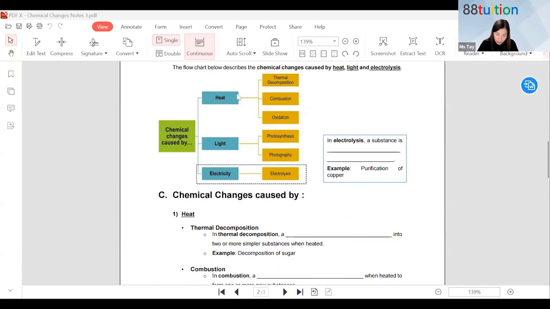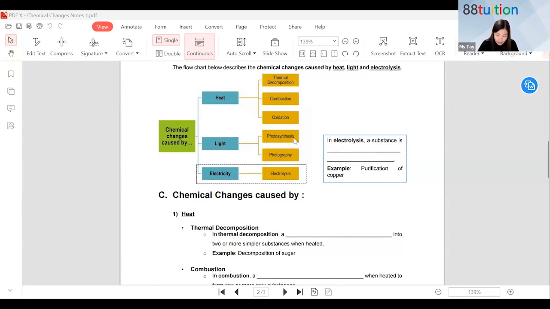And then under each of them, for example, heat, you can see that there's thermal decomposition. Thermal decomposition means what? Breaking down of a substance by the use of heat. Okay, combustion, we burn something, all right, using heat, and it will generate more heat. Okay, oxidation. So in the presence of heat, okay, a substance is combined with oxygen.